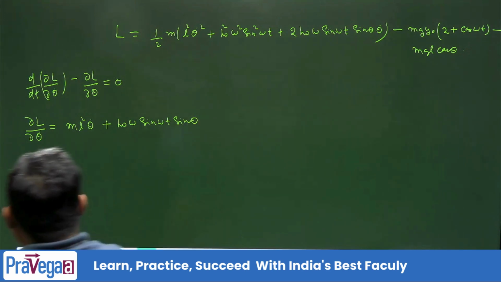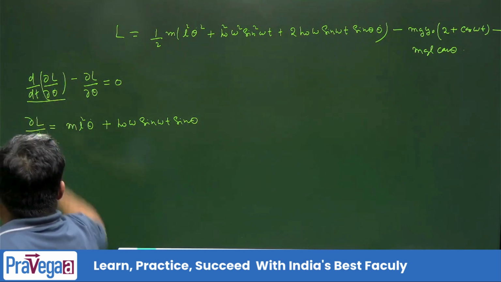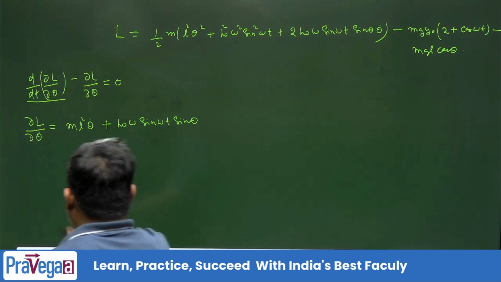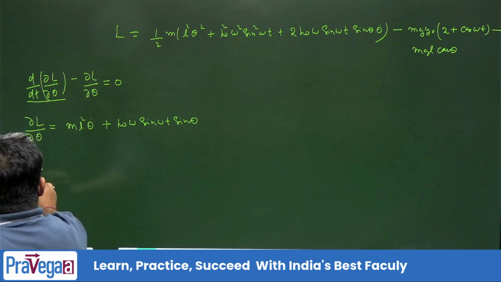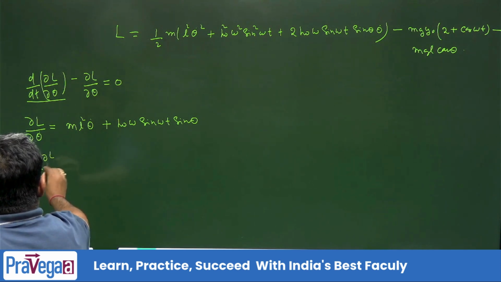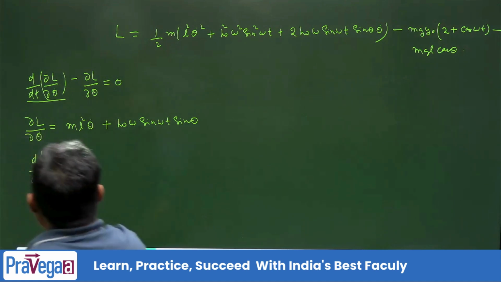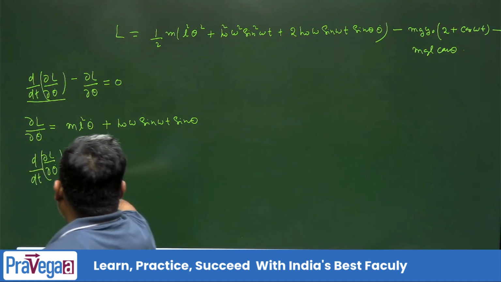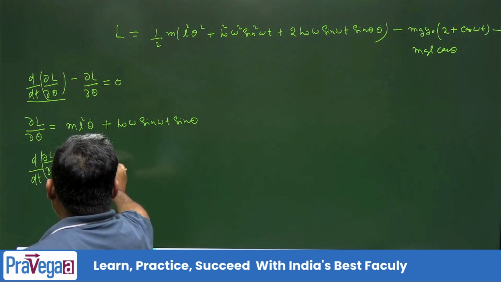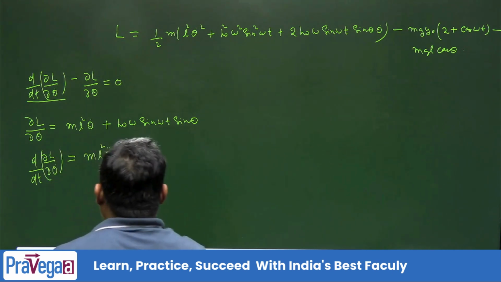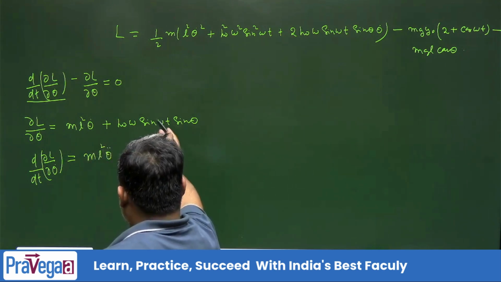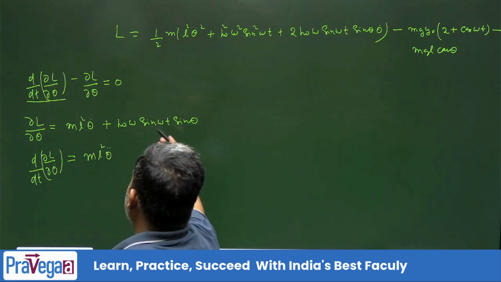Now, we have to go for the term d/dt of ∂L/∂θ̇. This is the total derivative with respect to time. So, what we have is mL²θ̈, and here we have to differentiate with time.